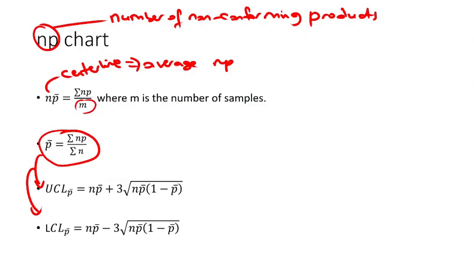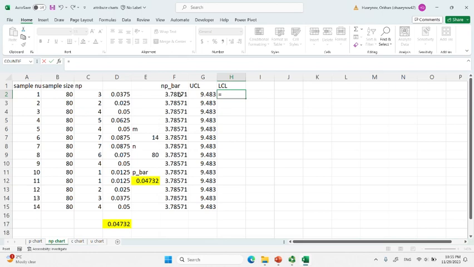This is the same formula with the minus sign. So it will be NP bar minus 3 times the square root of NP bar times 1 minus the p bar value. This one should be with the dollar sign.